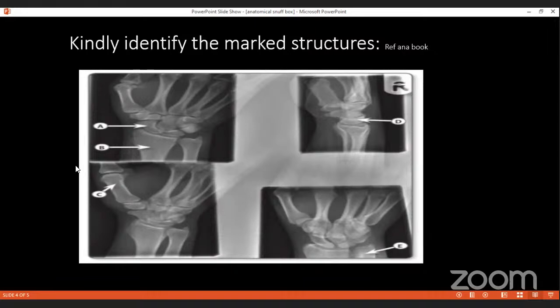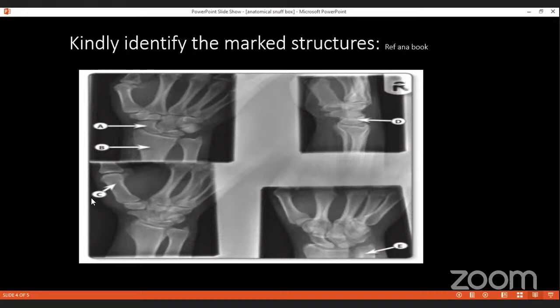Can you please identify on this picture? This is a right hand. There are four images. Moving on to the left one, can you identify A and B, please? A is scaphoid, B is distal radius. Can you identify C in the picture below left?